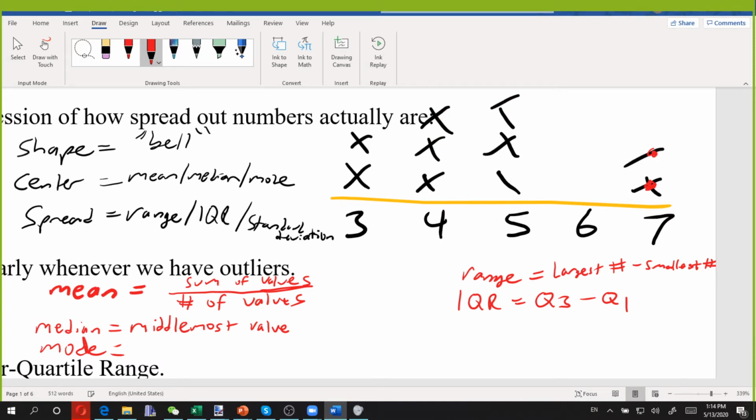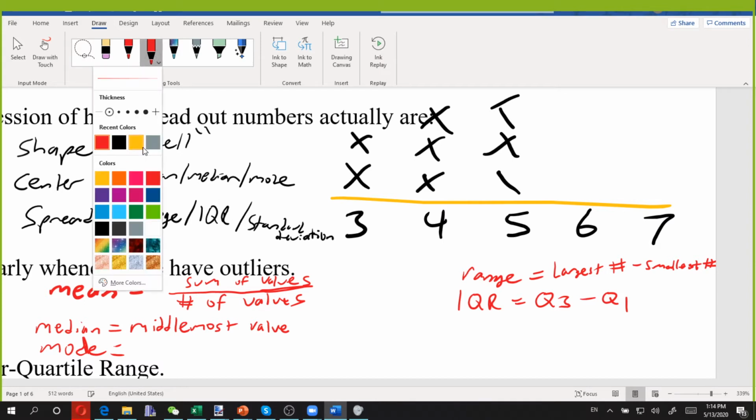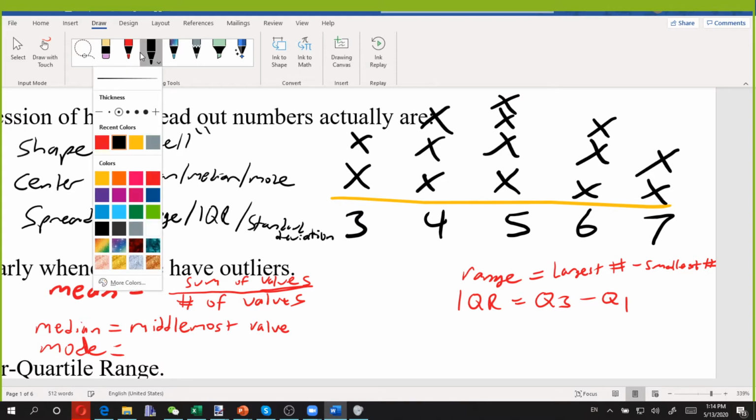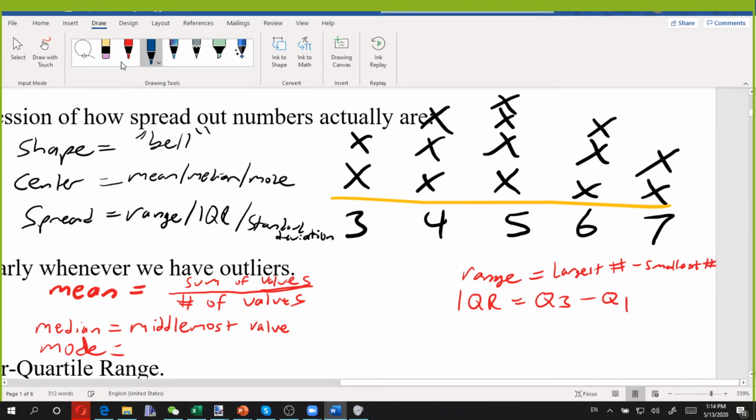So I'm just going to rewrite these x's. Okay, how can I find Q1? I'll give you a hint, with a line there.